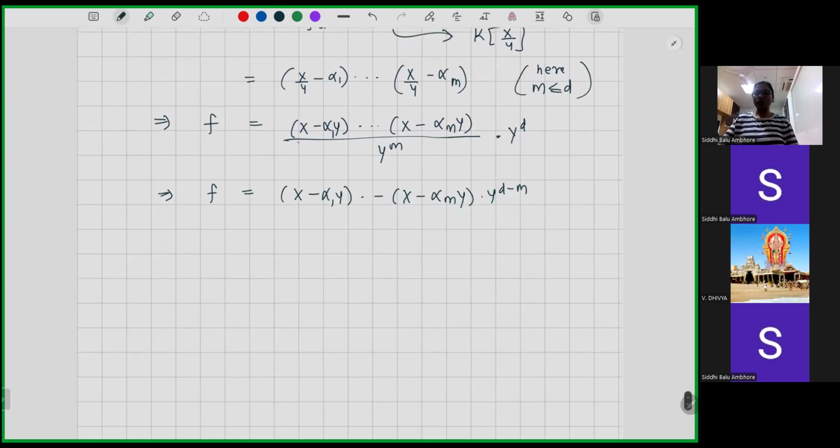So in short, I can just write this f as linear factors in k[x,y]. I hope that much is clear.